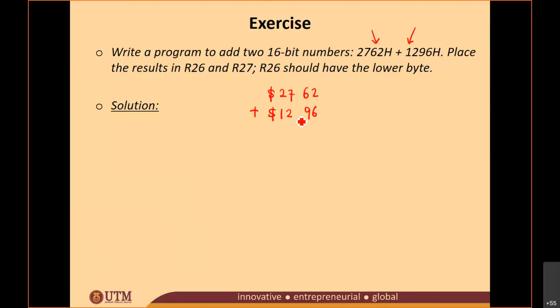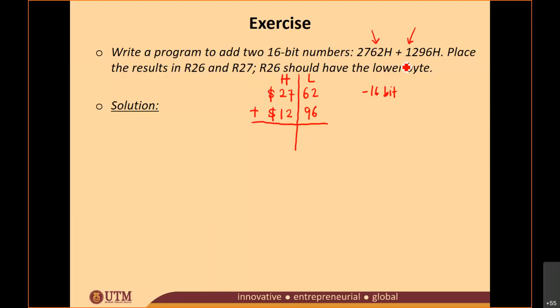Since this is a 16-bit number, you can divide it into 2 bytes, low byte and high byte. So this is a low byte and this is your high byte.